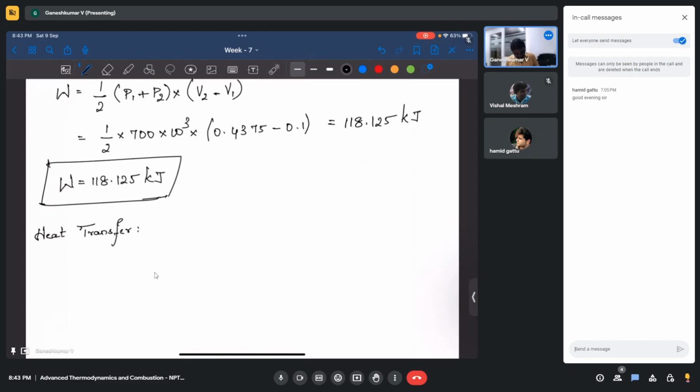There's no other option. The first law is going to be change in internal energy equal to Q minus W. W we know. Q is what we need to find.